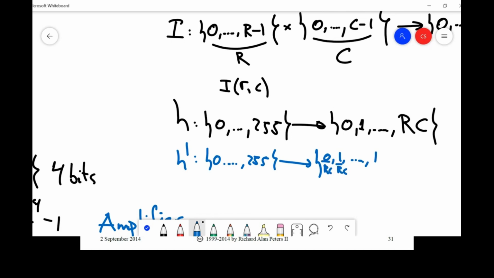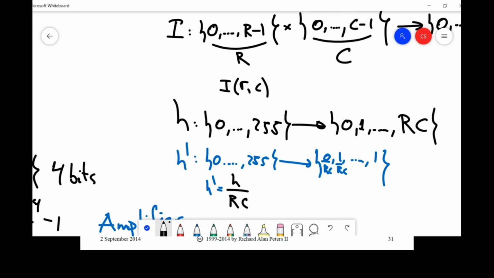So H prime is H divided by RC. I normalize the histogram. So now it goes from 0 to 1. And it has a property.